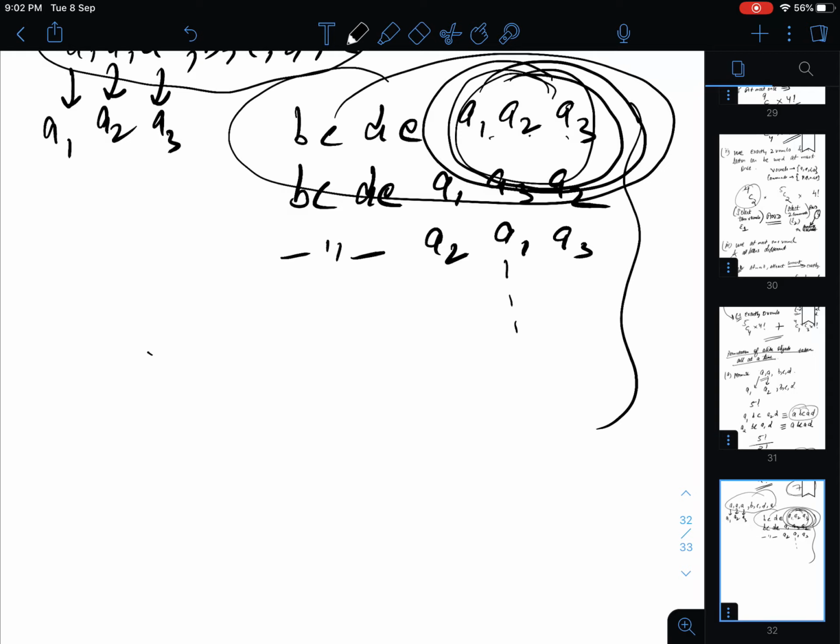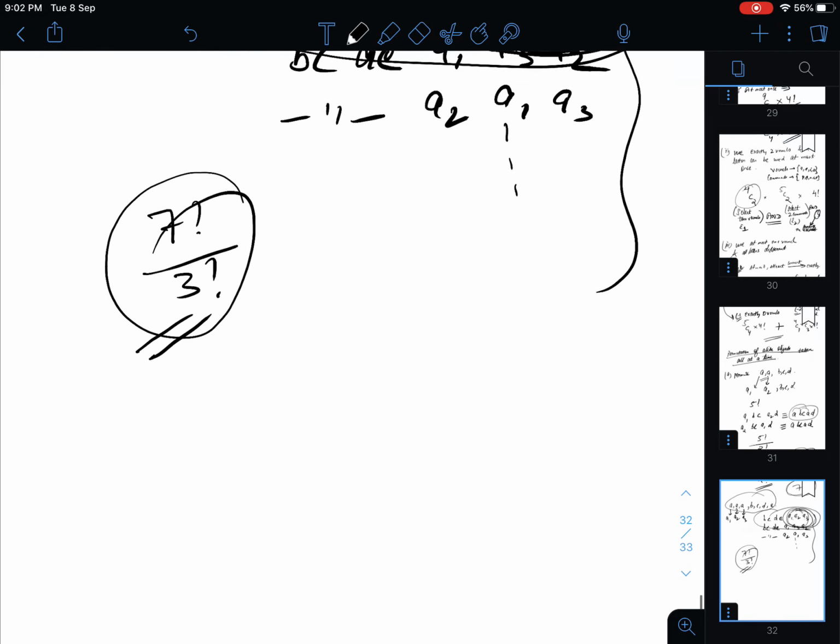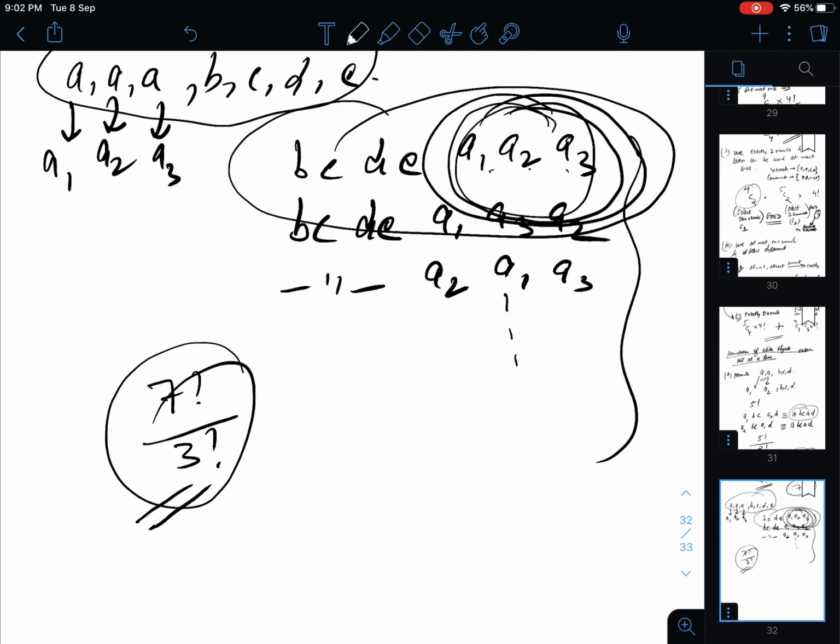So, the final answer would be 7 factorial by 3 factorial, because every arrangement is being repeated 3 factorial times. And that number 3 factorial represents the permutations of A1, A2, A3 amongst themselves when we assume that they are distinct, but they are in fact identical.